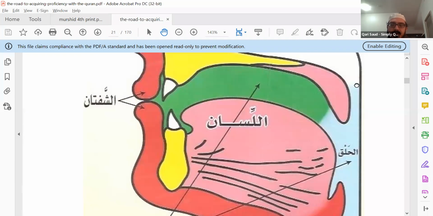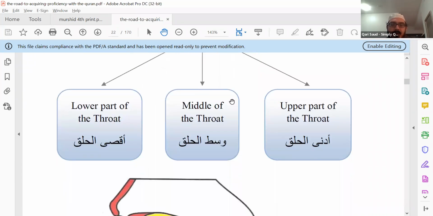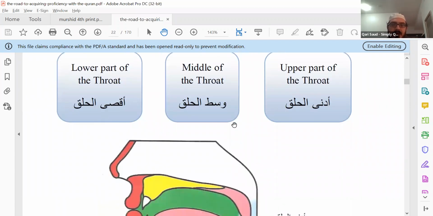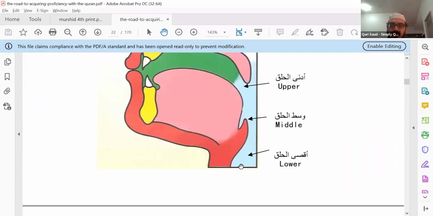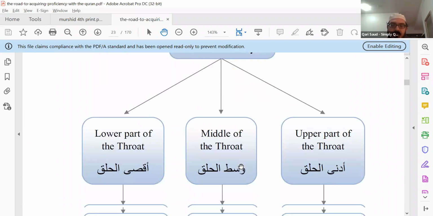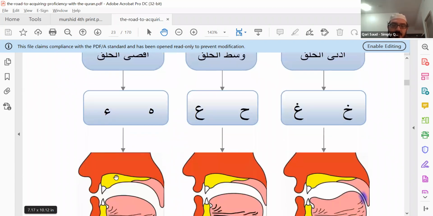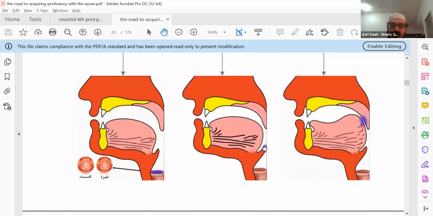Okay, and then there's the throat here. Then we have the lower part, middle part of the throat, upper part, right? In Arabic, aqsa al-halq, wasat al-halq, adna al-halq. Okay, upper, middle, lower. And then we learn the makhārij, lower part of the throat, hamza ha. So you can see here, hamza ha, middle part, ayn ha, top part, ghayn kha.